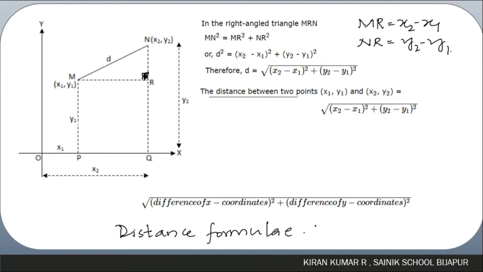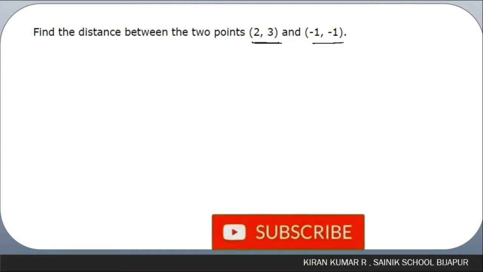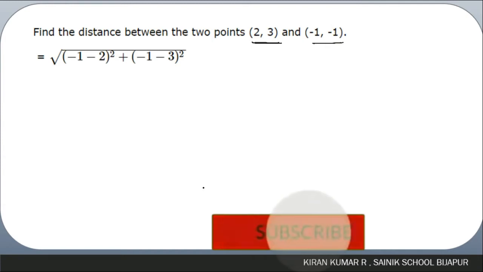How do we apply this distance formula in finding the distance between 2 points? If there are 2 points, say (2, 3) and (minus 1, minus 1), if you want to find the distance between them, we take the square root of (minus 1 minus 2) whole square plus (minus 1 minus 3) whole square.